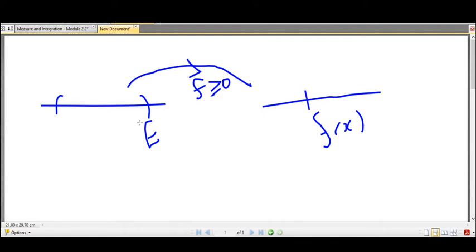Okay. Now define the sets En, that is E1, E2, and so on up to En, as the set of all x in E such that f of x is less than or equal to n.